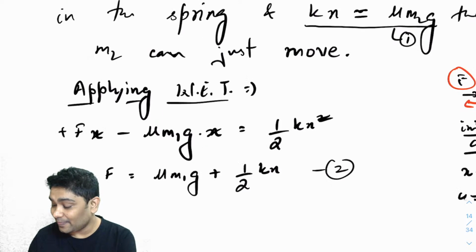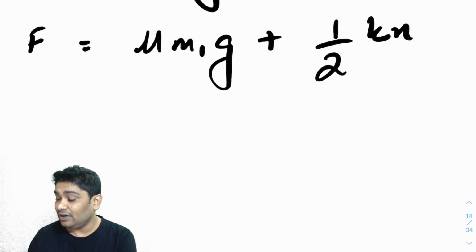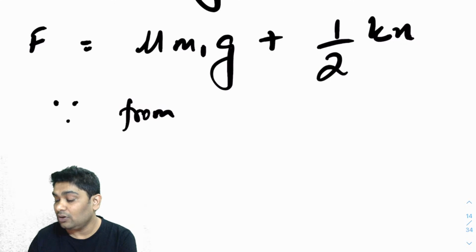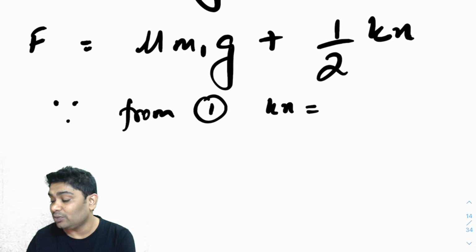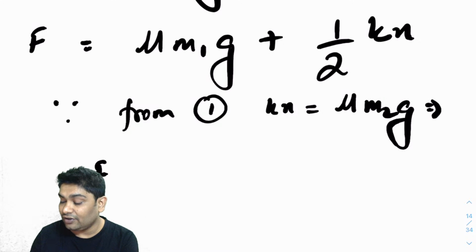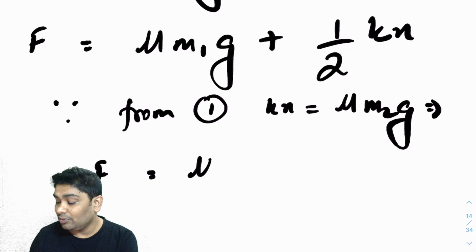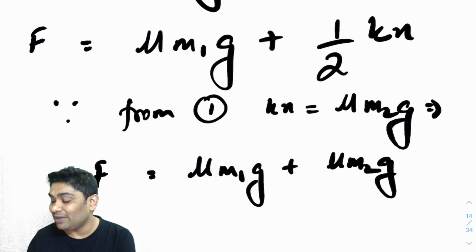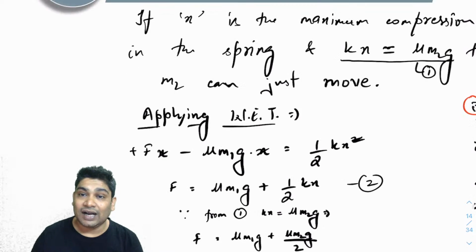So let's substitute that here, since from equation number 1, kx should be just equal to mu m2g. I will get F equal to mu times m1g plus mu times m2g by 2. Okay, so that is your answer.